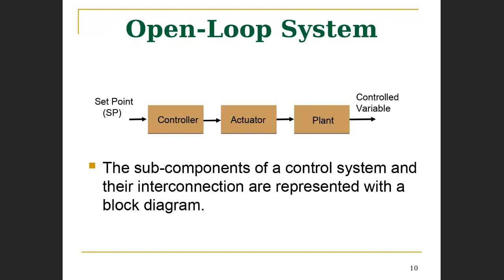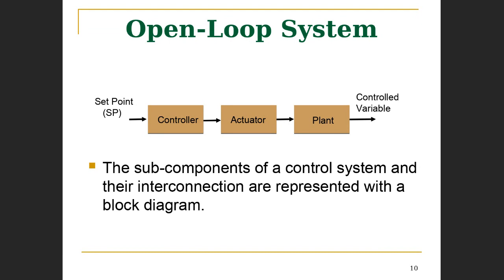Now, to further discuss these two categories, we're going to be using a block diagram to represent the system. And I did say in the opening slide that in a control system, we have what? A group of components that would be working together to achieve the desired outcome.